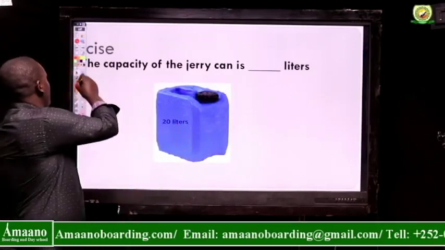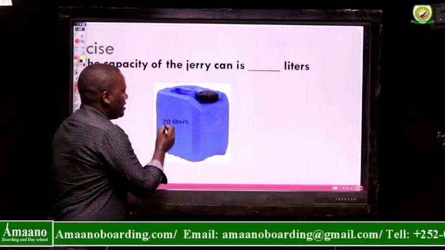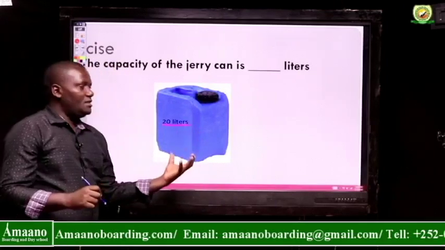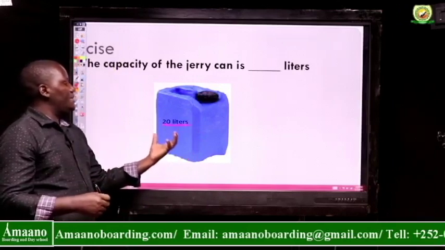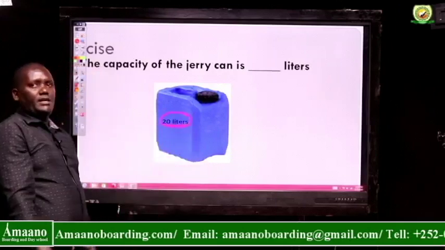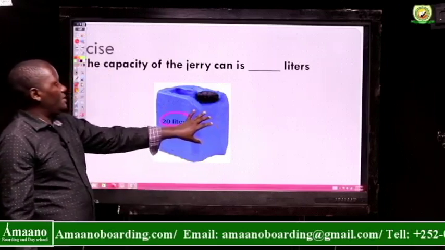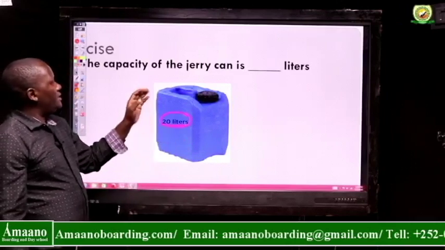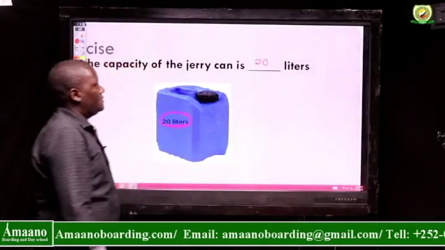I only look at the measurements written on it. Normally, the capacity of the tins, the amount they can hold, is written outside. Here we can see that this jerrycan is written 20 liters. That means this jerrycan is 20 liters. We fill in here 20 liters.